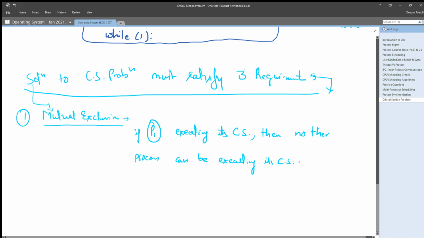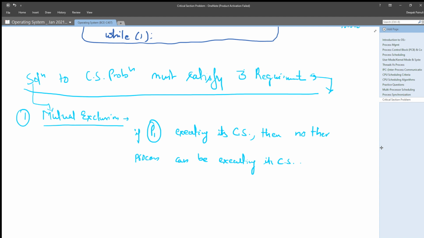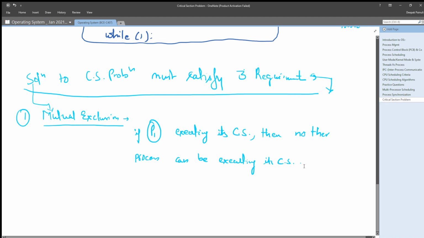As we already discussed, more than one process is not allowed to execute their critical section at the same time in the system, right? So your solution must provide mutual exclusion, right?